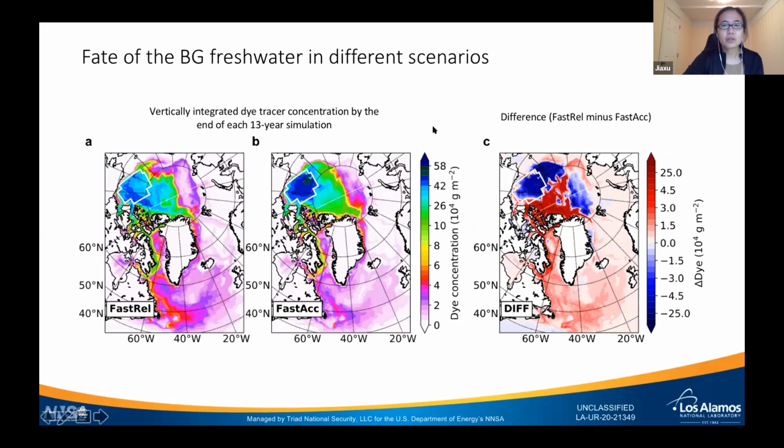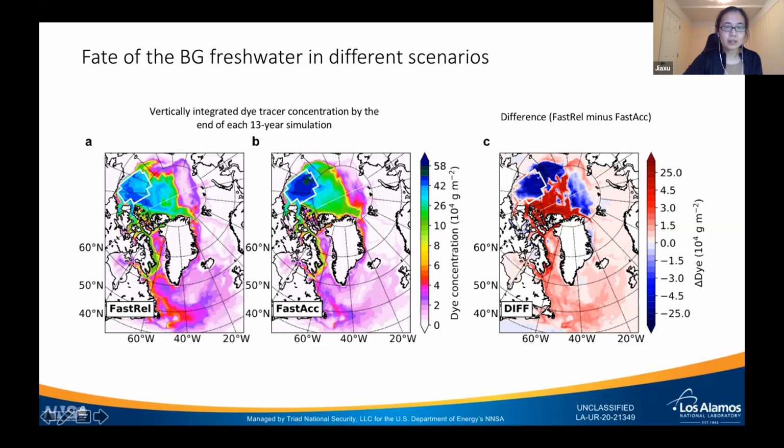First, we want to know the fate of the Beaufort Gyre freshwater in different scenarios. What I show on the left are the vertically integrated dye tracer concentrations by the end of each 13-year simulation. What we see is that in the fast release case, the tracer tends to be transported towards the Canadian archipelago into Baffin Bay, then the Labrador Sea, and finally into the subtropical gyre.